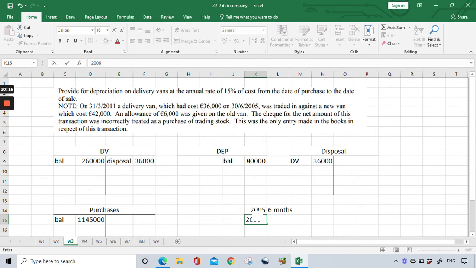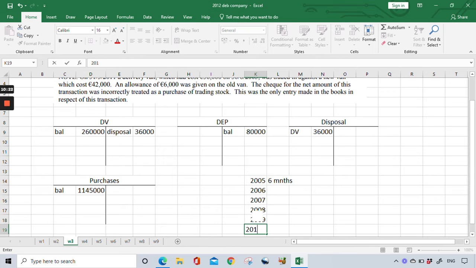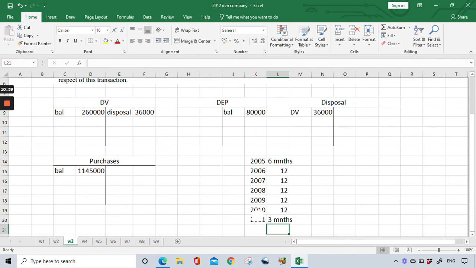Then we had it 2006, 2007, 2008, 2009, 2010, and then in 2011 we had it for 3 months. So each of these years it was 12 months, the whole year. So quick calculation, 69 months worth of depreciation I'm going to have to work out here.